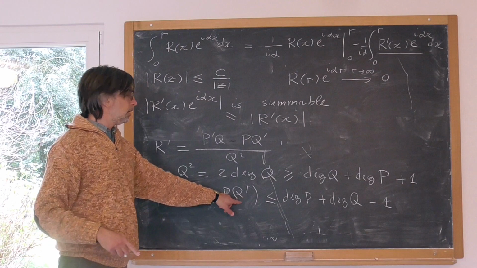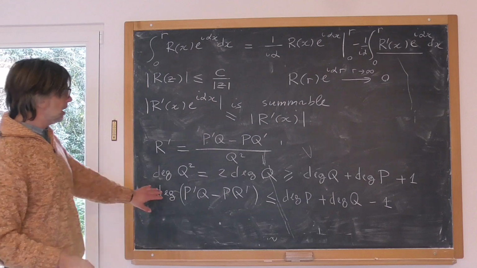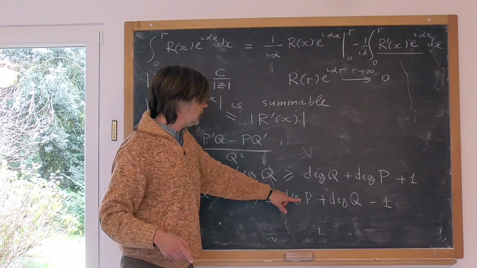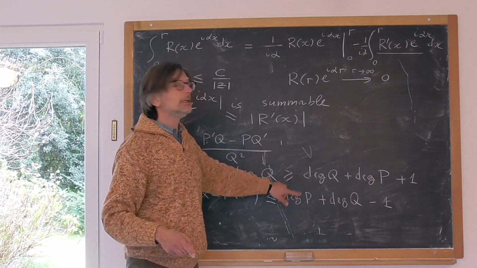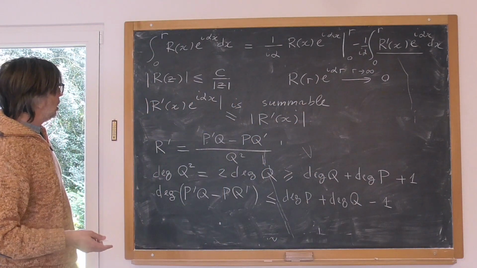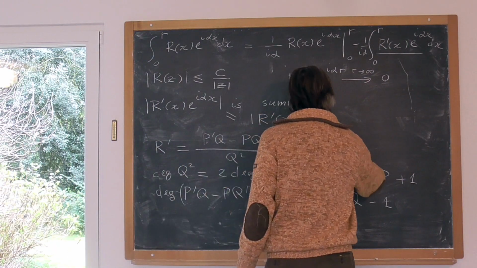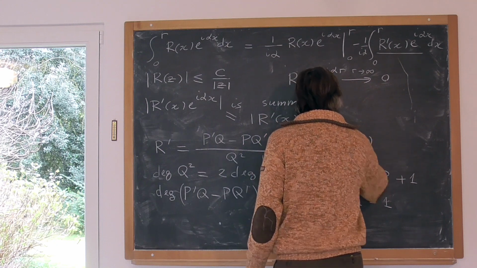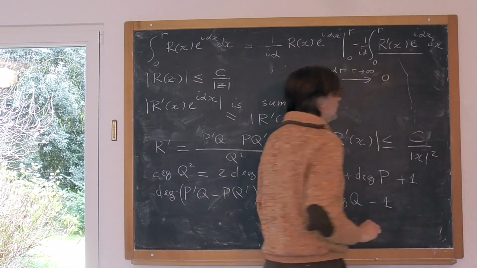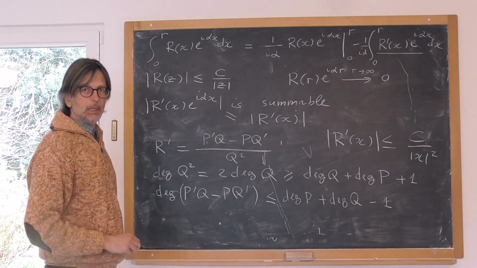Here it's the same: we are deriving q, and still we get the contribution minus 1. So this is an upper bound for the degree of the numerator, and now the difference in degree between denominator and numerator is at least 2. Here we have plus 1, and here we have minus 1. So the function r prime is summable. r prime has a bound of the form C divided by |x| squared, and this gives us summability of r prime.